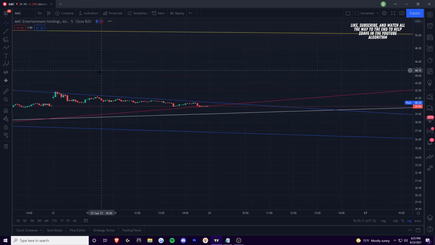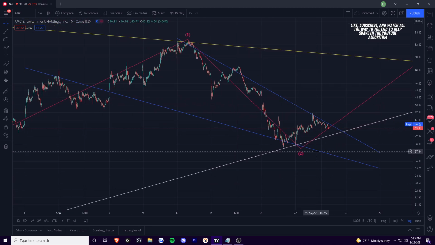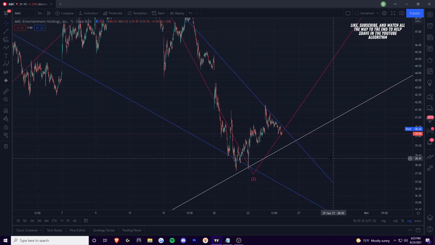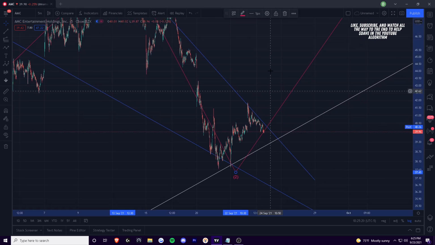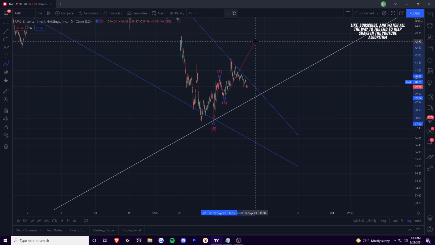I apologize that I'm not 100% sure of what I'm doing here, but I'm literally charting this in real time just to give you guys my full unadulterated take. Okay, so if you look at this, then maybe from this double bottom, this is wave one, two, and we could be in the middle of wave three right now.